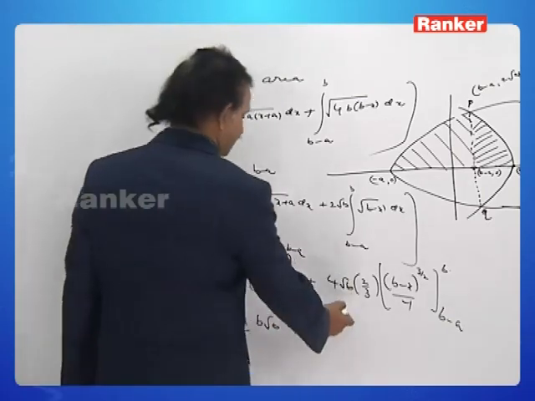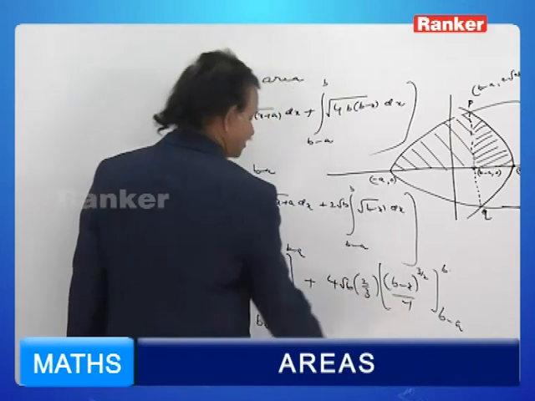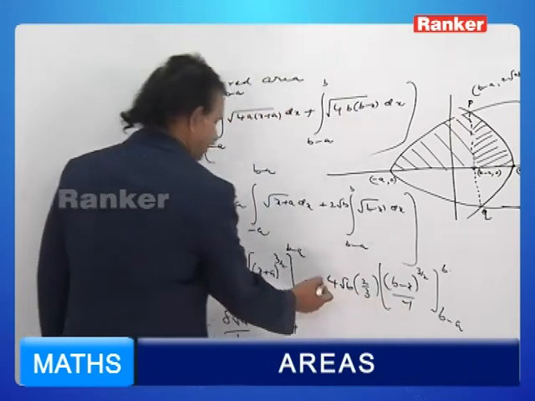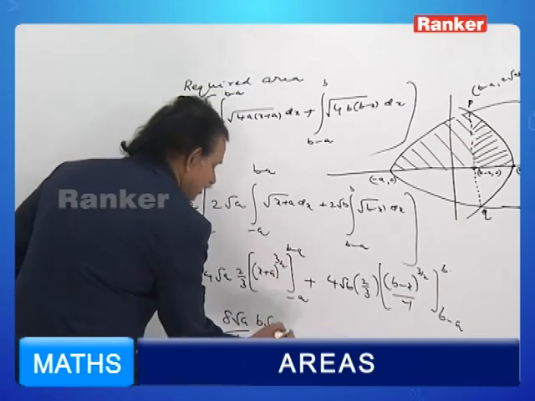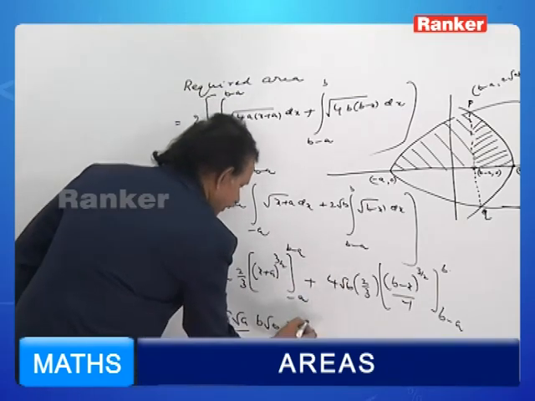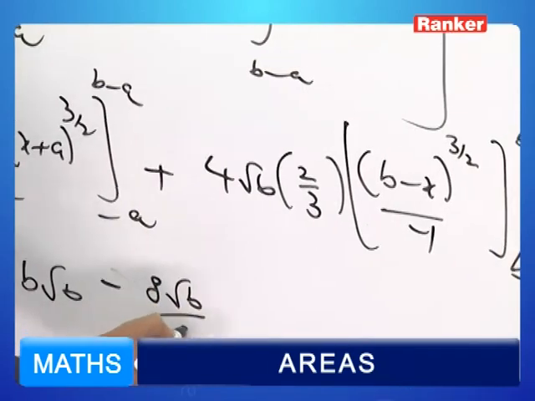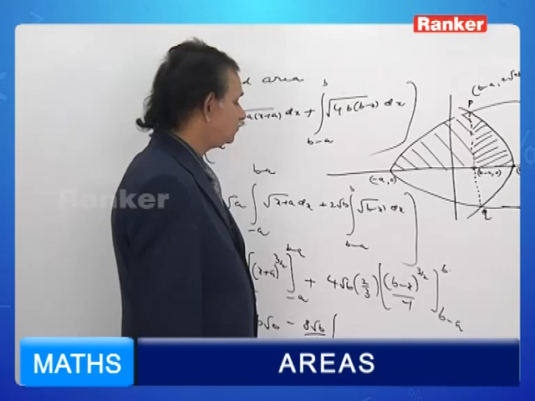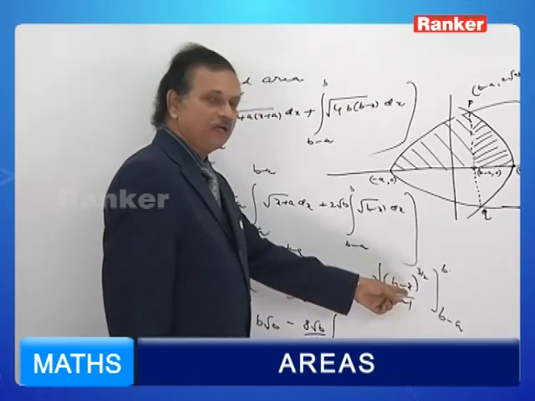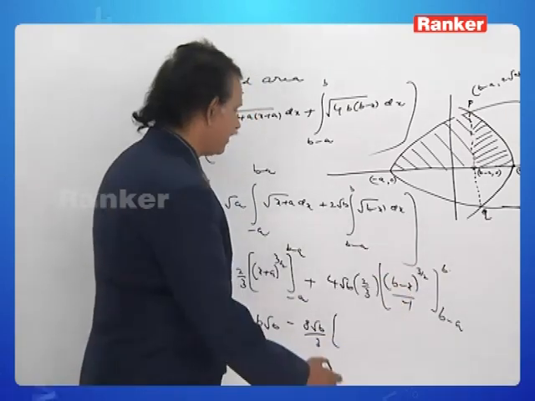what happens to this case? Here minus symbol is there. Minus of this becomes again minus. So it is minus 4 into 2, 8 root b by 3 into, now you think of, if you put b minus b, 0. 0 power 3 by 2, 0.